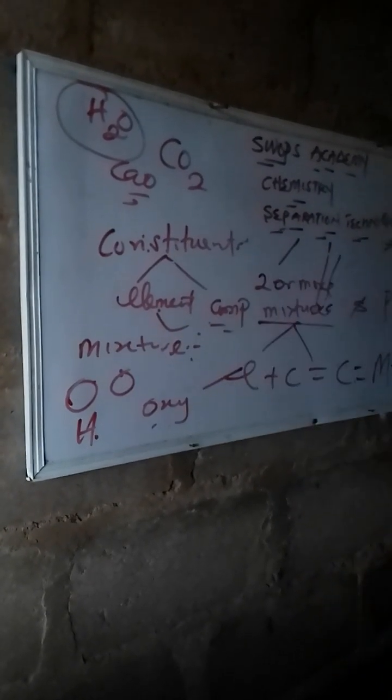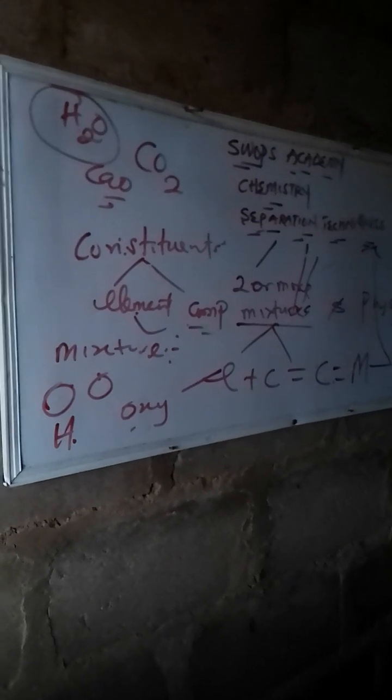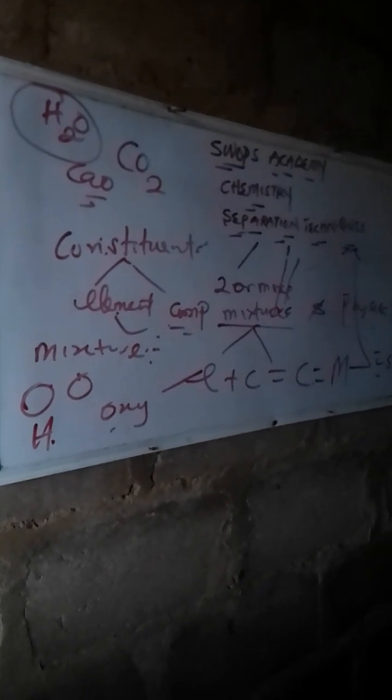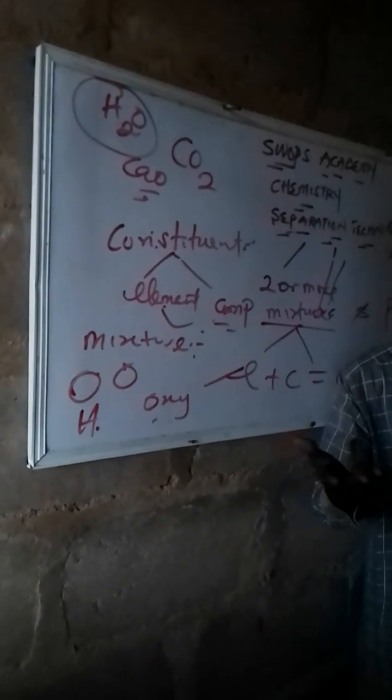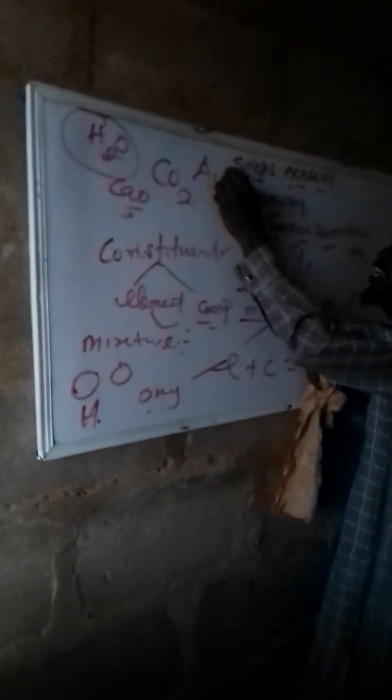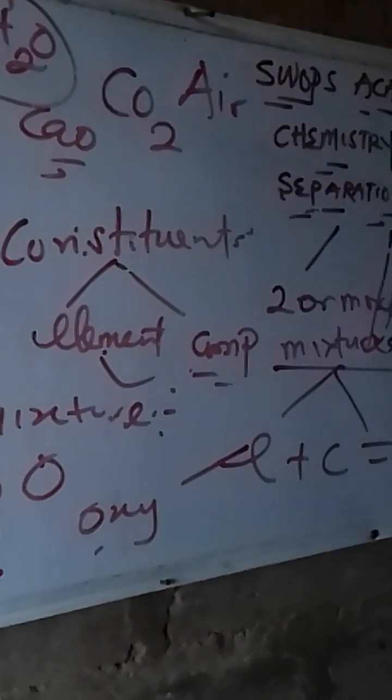Are we together? So our mixture, now let's bring it back to the environmental incident that you quickly get. In our environment, we can't do without one mixture. What is the mixture? Air. Air is a mixture. In Yoruba, we call it afefe. Mixture of what? In air, we have carbon.